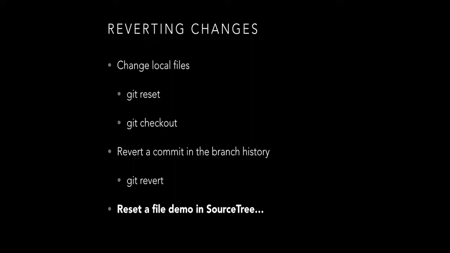Then the last one actually changes the repository itself: the git revert function. So let's say you made a commit that's just bad. It's in the repo and you can't take it out because it's supposed to stay in the git repository history. Well, that's good. But you want to say, I really want to undo that last one. It was late at night, I was really tired and it just wasn't good. So you can actually recommit and undo those changes in the last commit that you made to the repository.